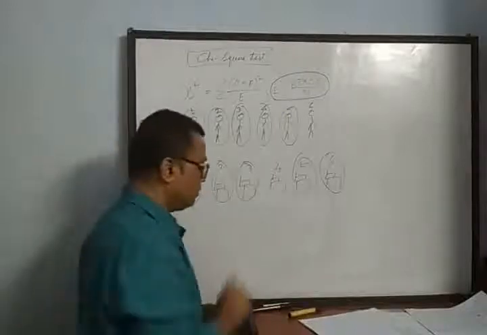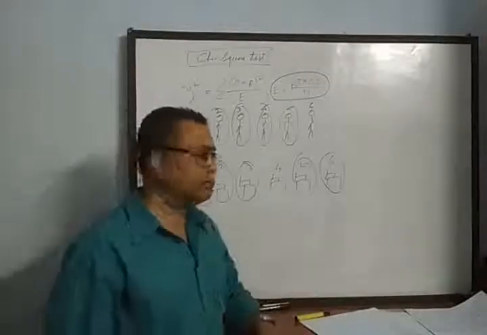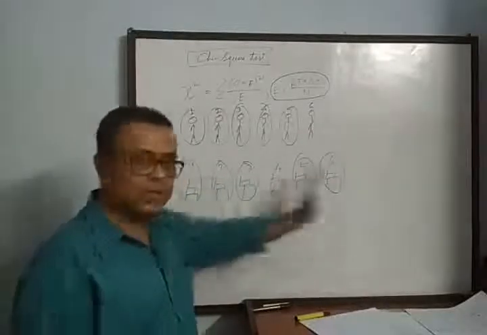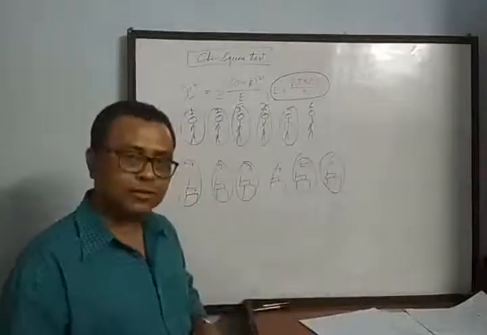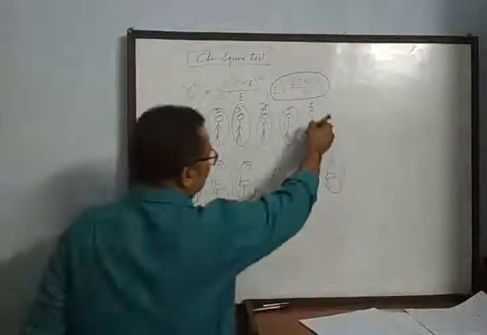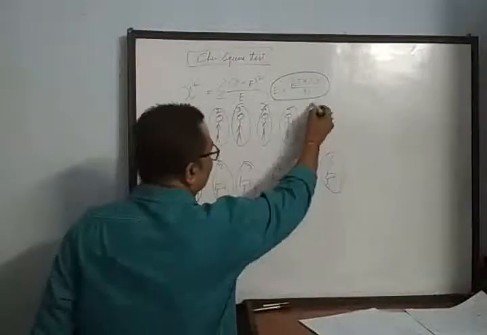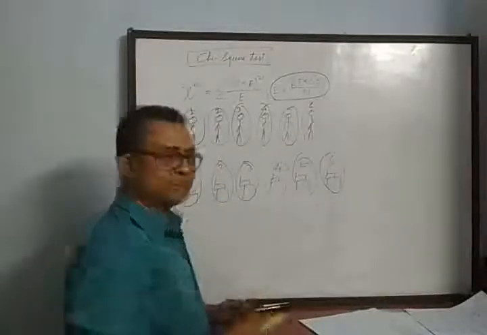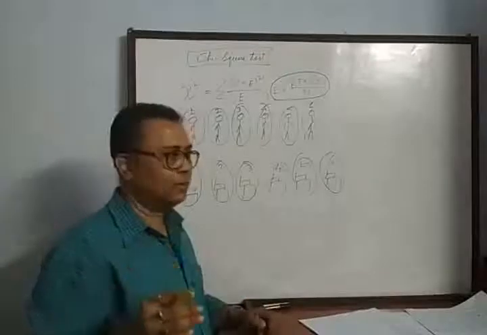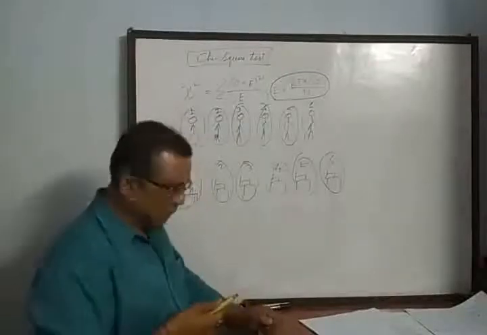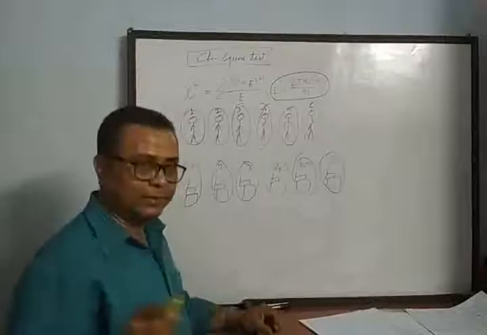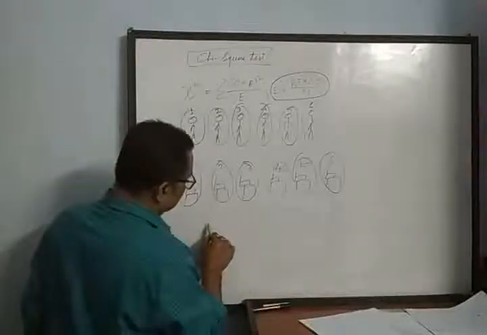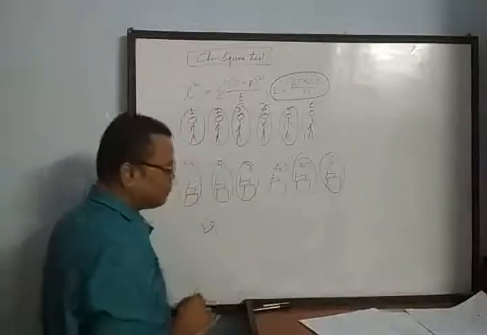Now, degrees of freedom. Is the sixth person free to choose any chair? No. He has to opt for only this fourth chair. That is why, in statistics or mathematics, we take the degrees of freedom.